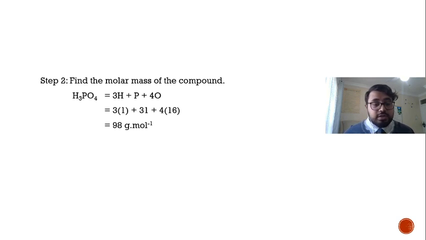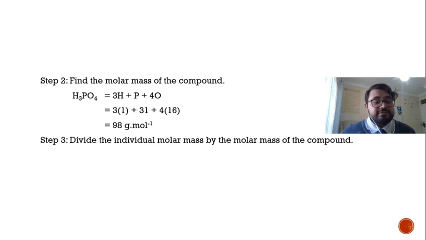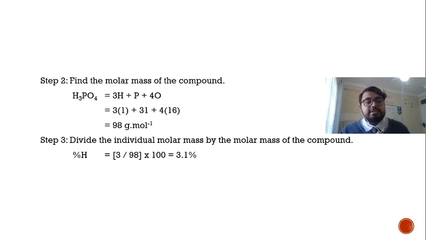Okay, now step 3 is divide the individual molar mass by the total molar mass, or the molar mass of the compound. So this is how we do it. We write percentage hydrogen equals 3, because there are 3 atoms of hydrogen, divided by 98, which is the total molar mass, times 100 because we need a percentage, which is 3.1%. So what this tells us is that 3.1% of phosphoric acid is hydrogen.